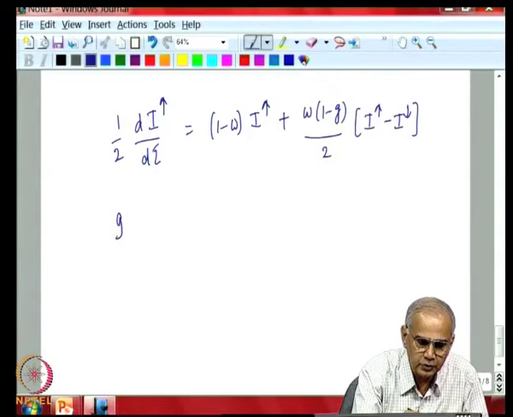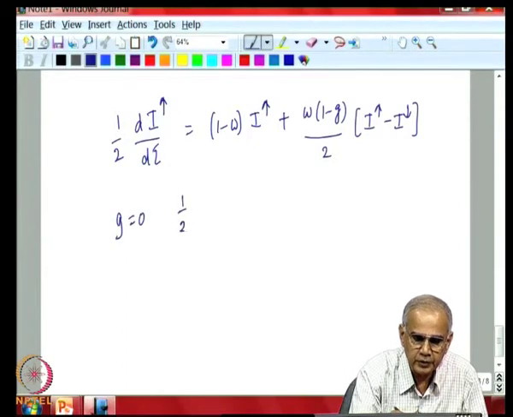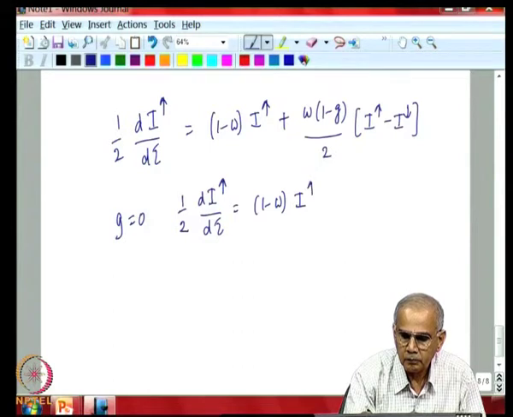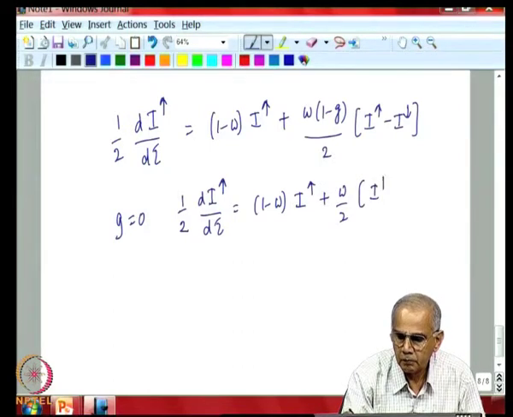So, when G equals 0, you have a simple equation which we have dealt with earlier. This problem has been solved earlier.